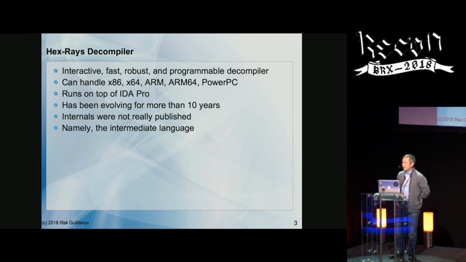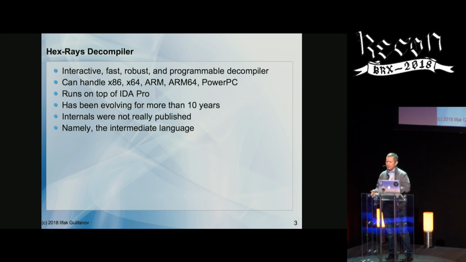I hope that you know about it. So far, we haven't published internal information about the decompiler, and this is something that we will do today. There were many reasons for that. The biggest one is that the internals keep changing, and once you publish something, it's too late. It's very difficult to modify a public API. If you are familiar with IDA, you will know that our API used to be awful in the past, and we were criticized for that, with people asking how come you have such bad names?